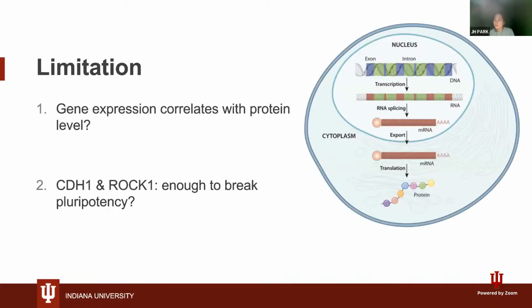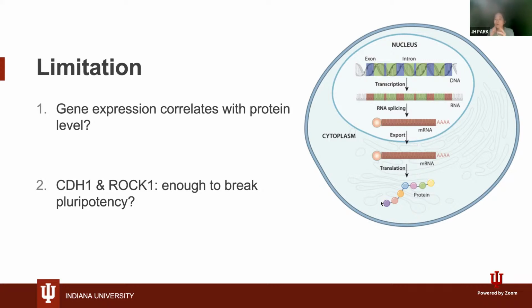All right. So before we move on to the app demonstration, let me briefly discuss the limitations or assumptions of this model. First, this model assumes gene expression level correlates with protein level. Of course, as you can see in the figure on the right, protein production starts at transcription from DNA to RNA, and continues with translation from RNA to protein.